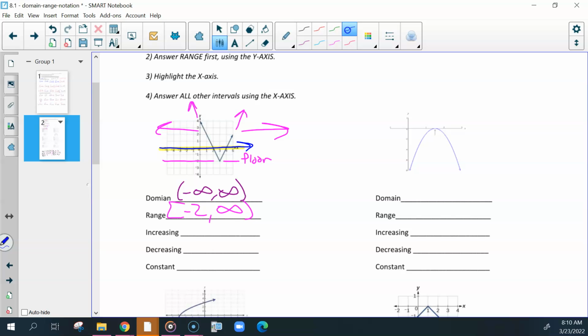This helps me because I'm a visual person. On my function, as my x's keep moving to the right, I'm going to draw arrows along the function to see what my y values are doing. So from left to right, my y values start going down. And then they go up.